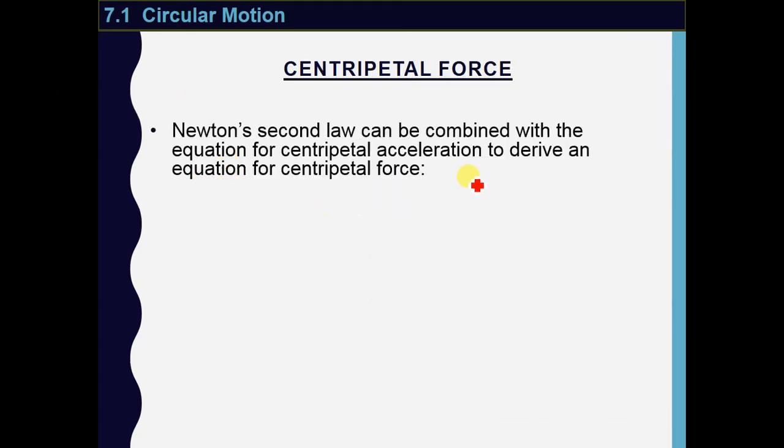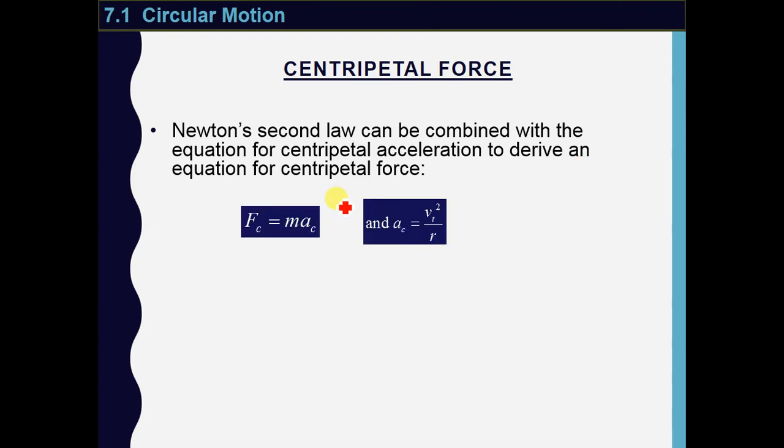So Newton's second law can be combined. Now I want, girls, the equation of centripetal force. We already said it is ma, right? Centripetal force is the net force that causes this acceleration. So Fc is equal to mac. This subscript c means centripetal.